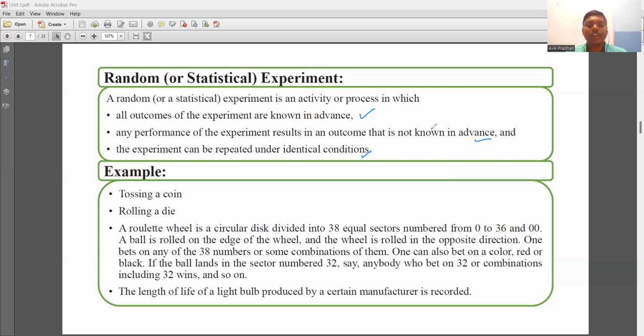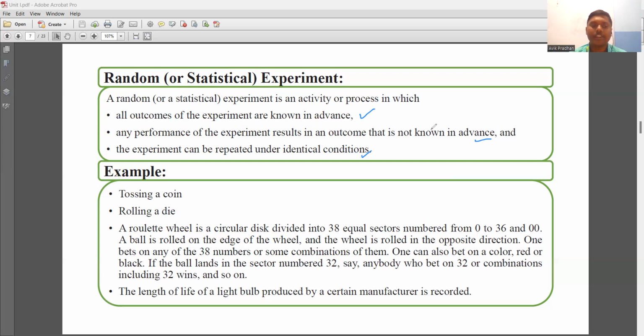Similarly, if I consider a roulette wheel in which there are 38 divisions or sections, the sections are numbered 0 to 36 and there is a double zero. A person can bet on any combination of these numbers or colors.